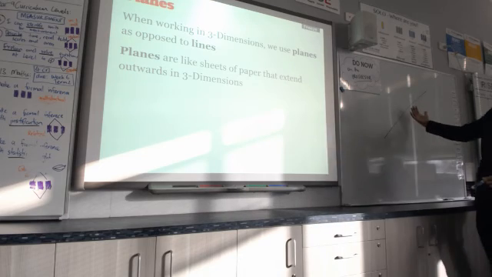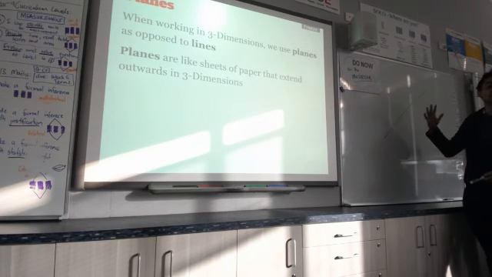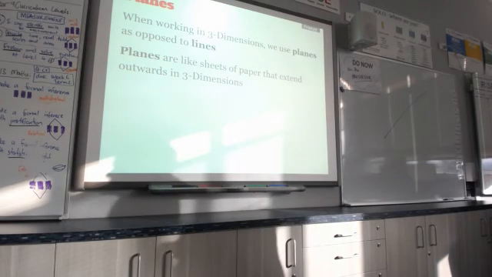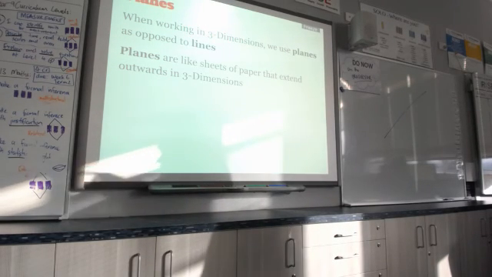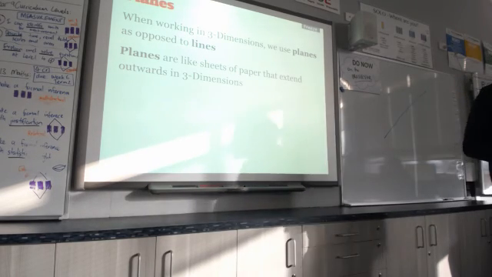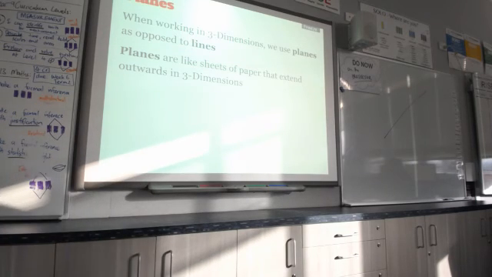So the 3rd dimension is when it's coming out to you. Your computer screens are 2 dimensions because they only go that way and that way. If it started coming out at you, that's when you've got 3 dimensions. Everything that you can pick up, like this thing here, is 3 dimensions because it's not just flat, it's also got this way, that way. So it's got 1, 2, and 3 dimensions.